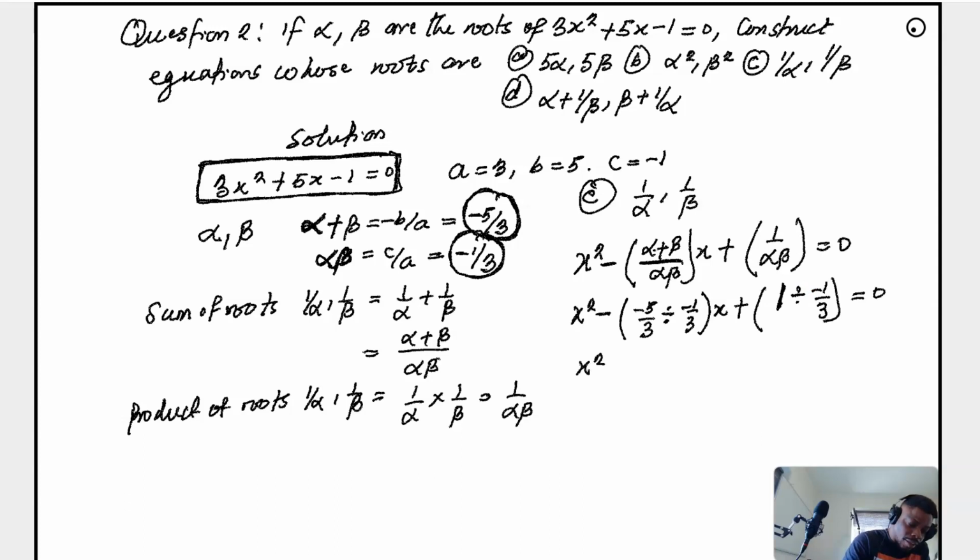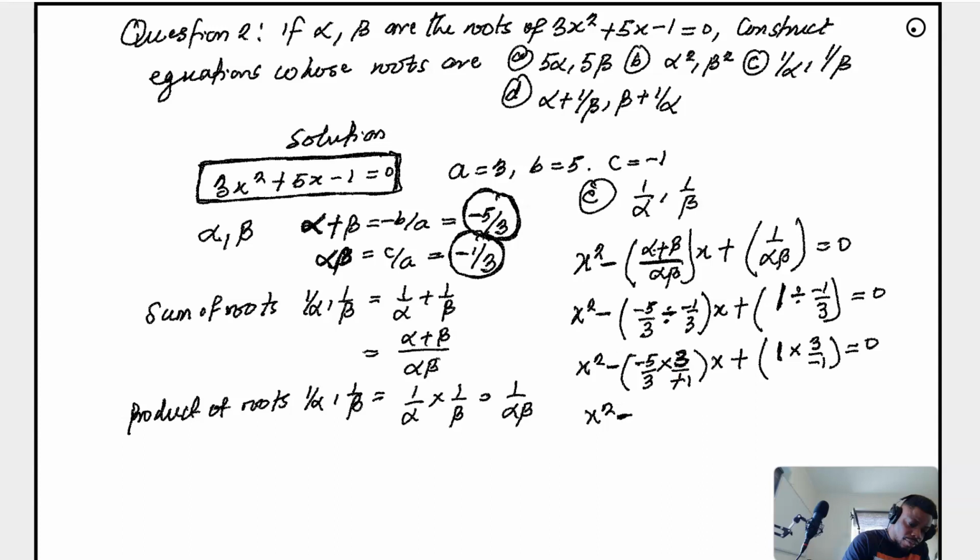So x squared minus, this is minus 5 over 3 divided by minus 1 over 3. Remember, if I change this division to multiplication, 3 will go up, minus 1 will come down. So 3 and minus 1, that is x. Plus, if I change this division to multiplication, 3 will go up, minus 1 will come down. So this is x squared minus.